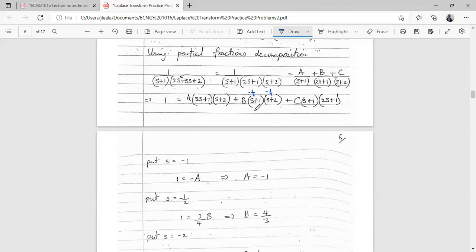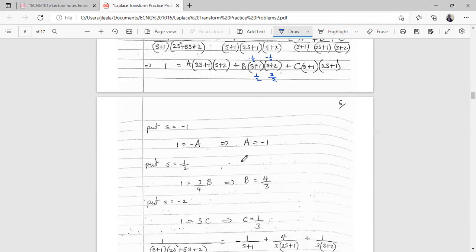So here you get a half inside this first bracket. Minus a half plus 1 is a half. And 2 minus a half is what? 3 over 2. So that is 3 over 4. Right? 3 over 4 by b, look at here, is equal to 1. So b is 4/3.